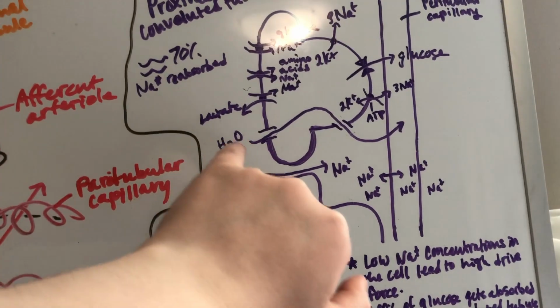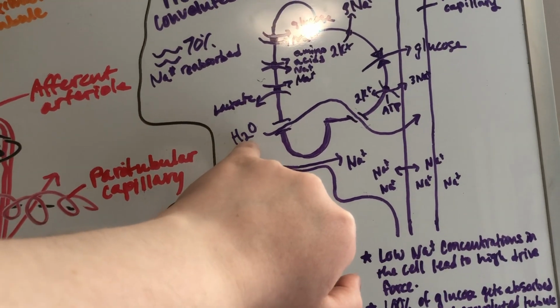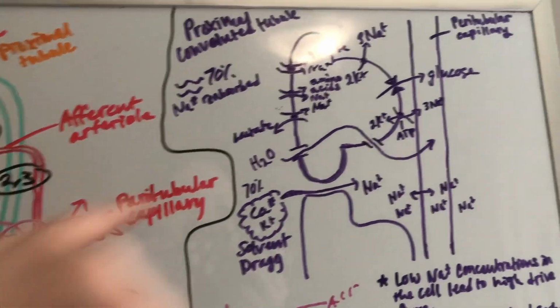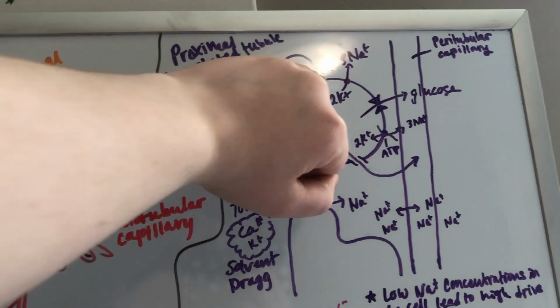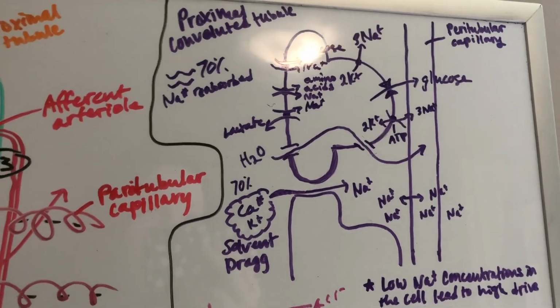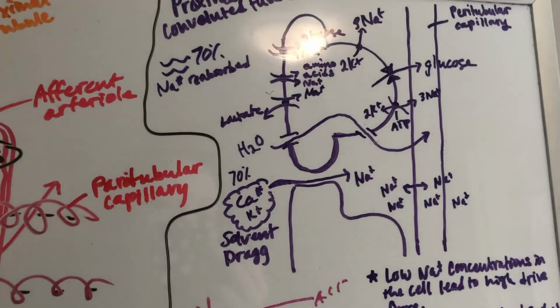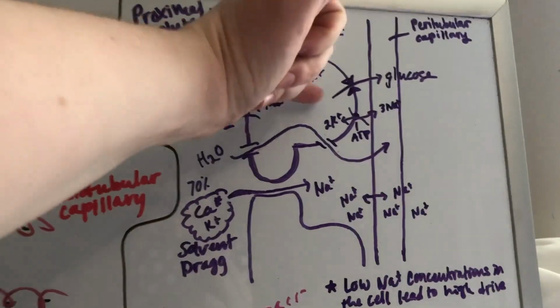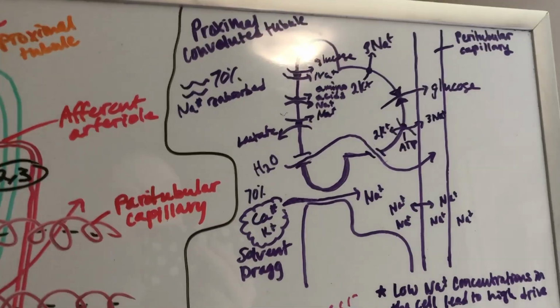And you have these aquaporins that allow H2O to go through. We have another pump right here that's a sodium-potassium pump, as well as right there, and those are driven by ATP, don't forget. And then we have glucose being pushed out of there.